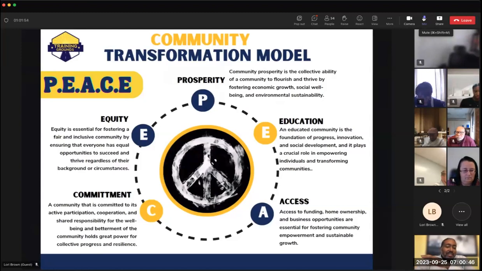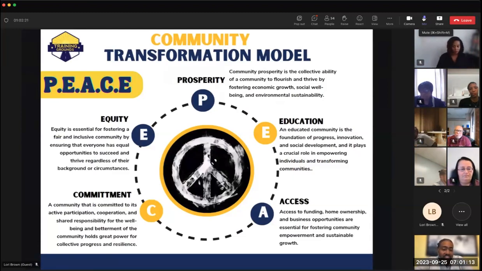Prosperity. We understand that community prosperity is the collective ability of the community to flourish and thrive by fostering economic growth, social well-being, and environmental sustainability. And so we are always looking to build prosperity within the communities and ways to do that. But we know that this is an interconnected thing. And so we have to address education within the community, right?